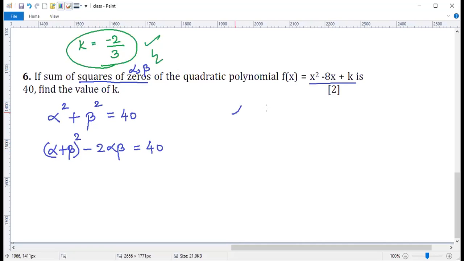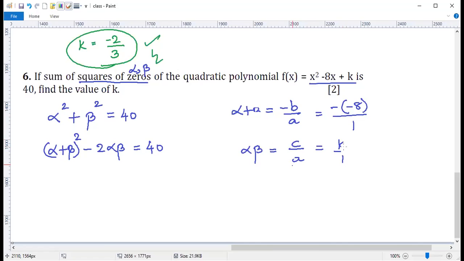Definitely write the formula for this on the side. They'll allocate marks for that. Minus b by a. Okay. So what is minus b by a? Minus of minus 8 divided by 1. And what is alpha into beta? You will get it as c by a. What is c by a? K by 1. Okay. Right. When you substitute the values, this is 8 and this is k.